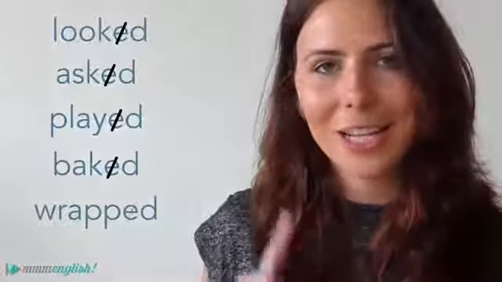It's its own syllable. But a lot of the time, that E isn't pronounced. Looked, asked, played, baked, wrapped. Now they could be a little bit tricky, so let's do it again.